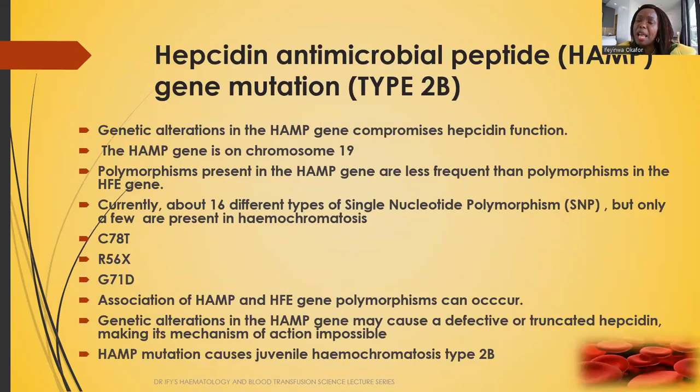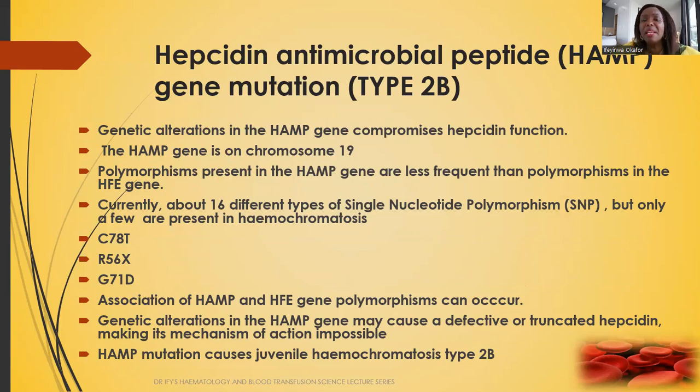Now, we say this type 2 hemochromatosis is caused by mutation in the hepcidin antimicrobial peptide gene and also mutation in the hemojuvelin gene. Therefore, under type 2 hemochromatosis, we have subtypes, type 2A and type 2B.